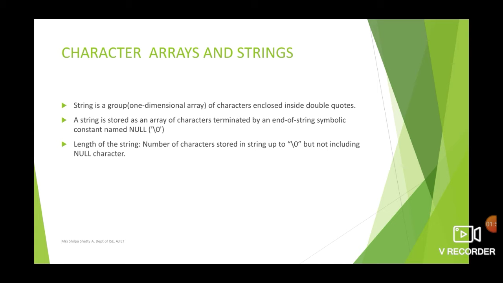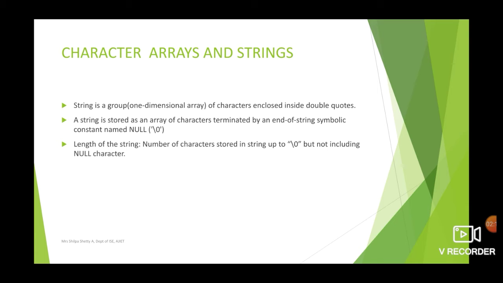So a string is a group of characters enclosed inside double quotes. A string is stored as an array of characters terminated by the end of string symbolic constant named null. We have already discussed arrays, especially one-dimensional arrays.